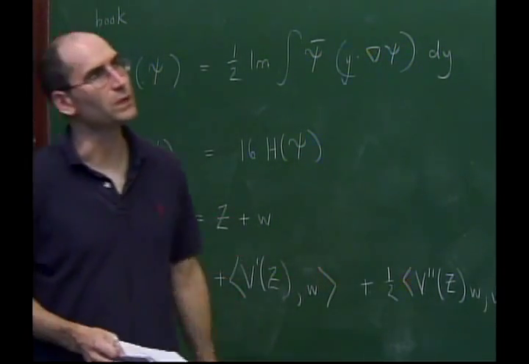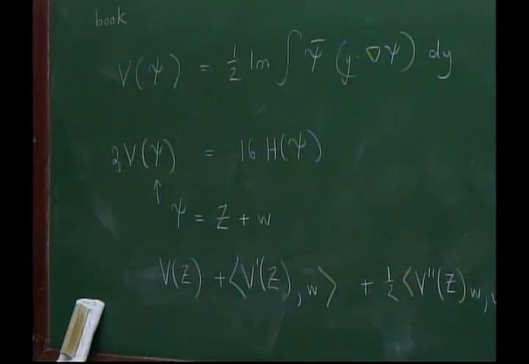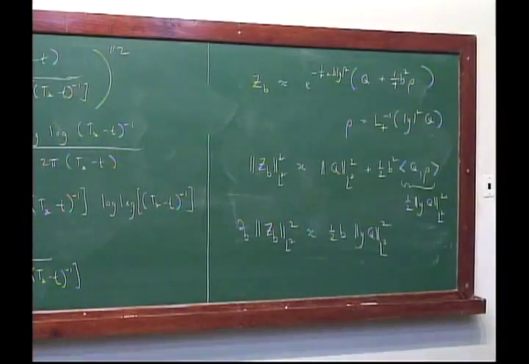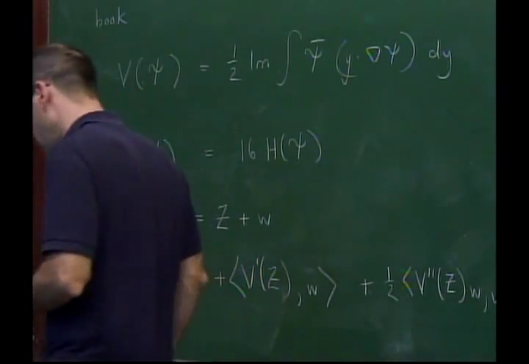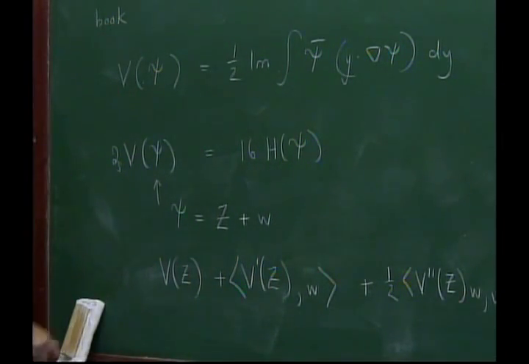I mentioned before that the z has this asymptotic form. And so V of z turns out to be just something times b.